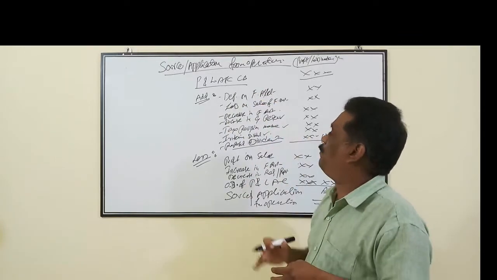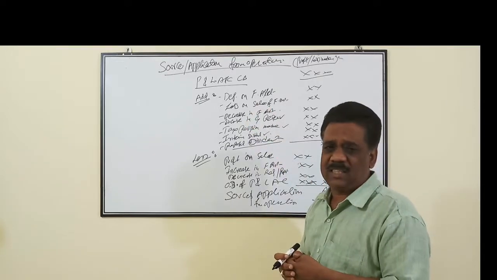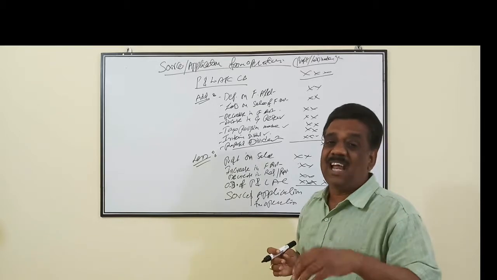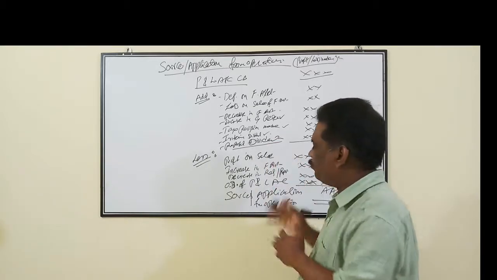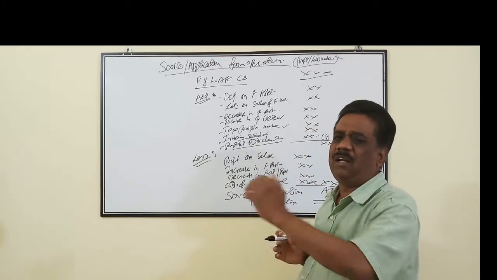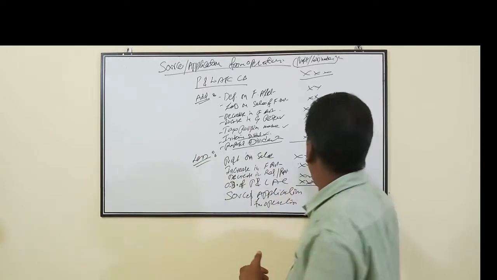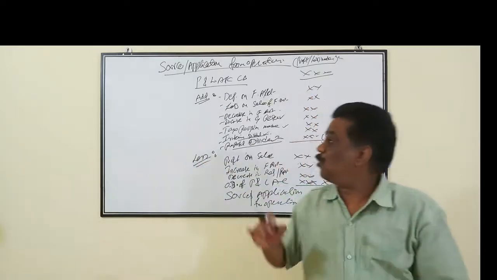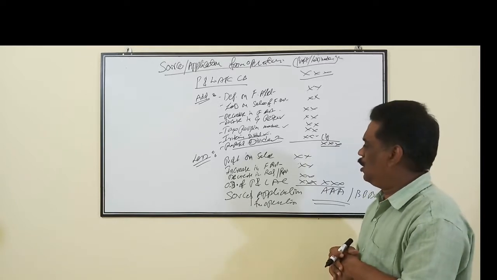It may be in the form of depreciation or loss on sale of a fixed asset, or decrease in fixtures, intangible assets, or increase in reserves and provisions, and so on. Only the interim dividend was not treated in our first section. Right?